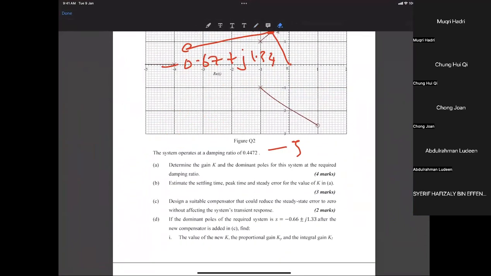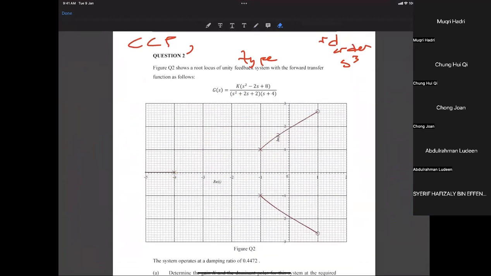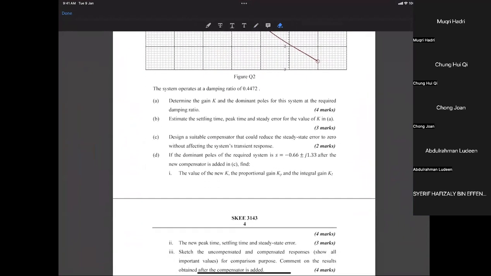Alright, this one is done. Damping ratio done. Settling time. This one is easy, just insert the value.